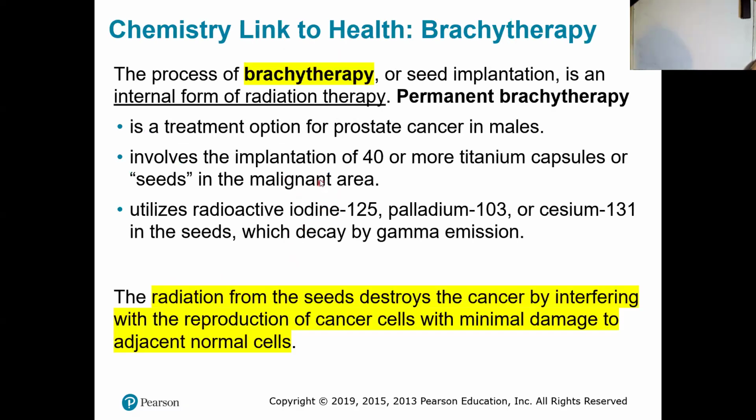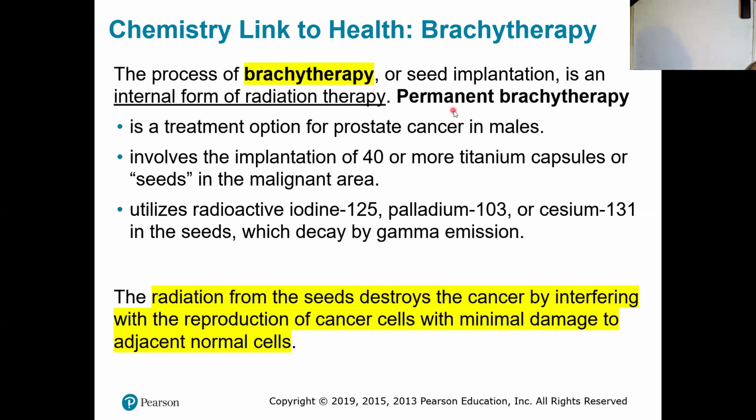There are also different types of nuclear medicine that are being used more often now to treat different types of cancer. This is an interesting use of that. You have brachytherapy. I never know if I'm saying that right or not, but this is how it's spelled. This is called seed implantation, and this is an internal kind of radiation therapy.